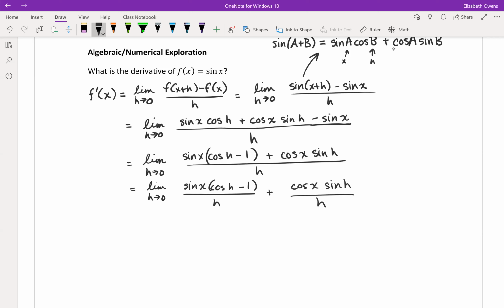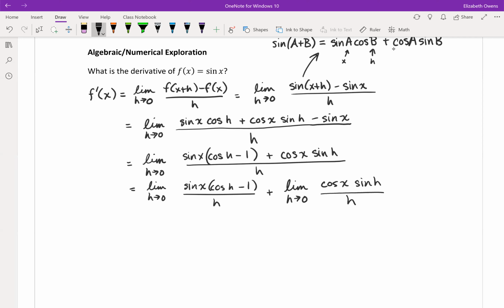Okay, so we split the fraction, but remember when you're taking the limit of two things added together, you can add together the limits of each individual thing. So I'm going to shift this just a little bit to put another limit on that second term. Limit as h approaches 0. Thanks, technology. That was super fast.